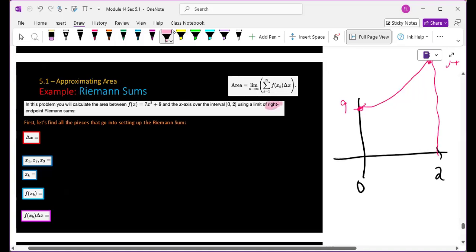All right, they did tell us to use a right endpoint. So I'm going to subdivide this into however many rectangles, but the width of each rectangle is going to be the same. So my number of rectangles is my arbitrary n.